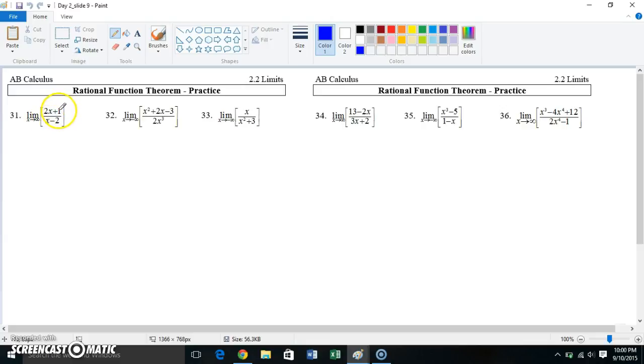What did we say happens when the degree is the same? We get the leading coefficients. So the answer to this one is just 2 over 1.